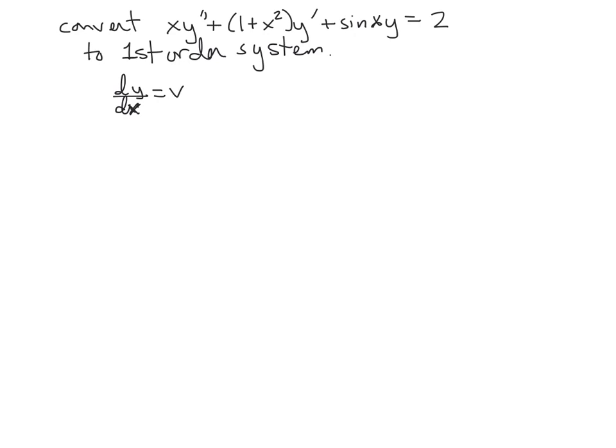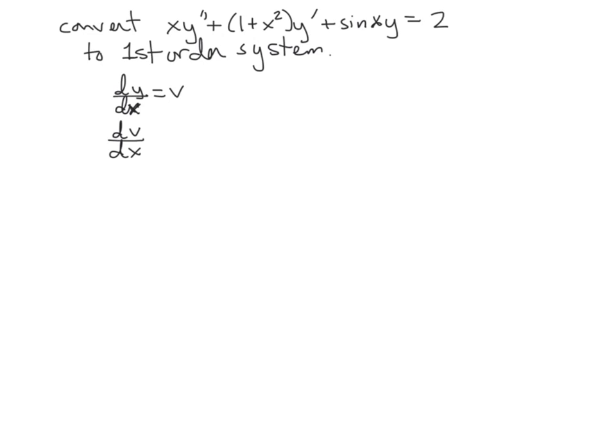There's no work to be done there, no creativity. It's just that dy dx is equal to v. And then we need to find an equation for dv dx. And we do this by solving for the second derivative of y, the same as before, like saying basically that the derivative of v is going to be acceleration.